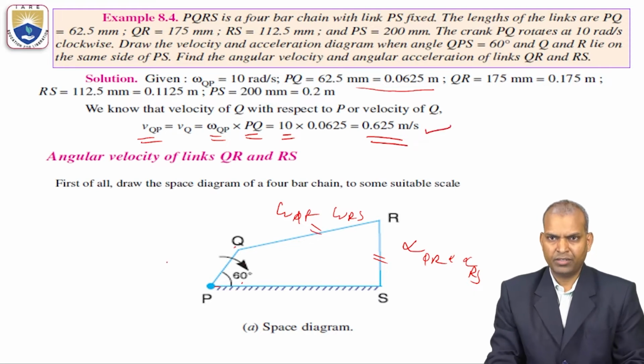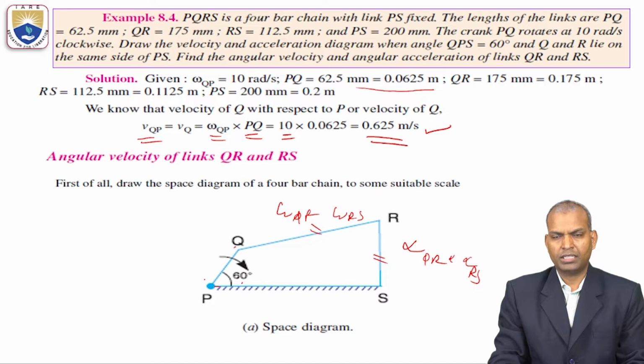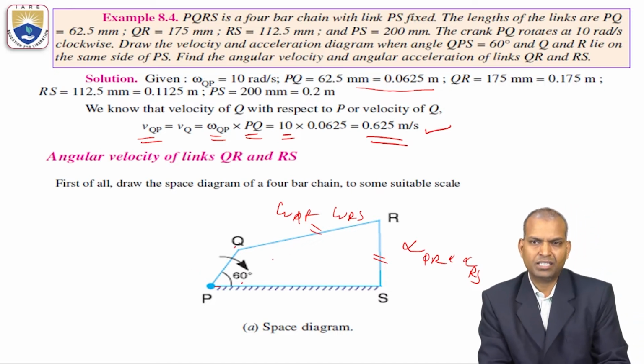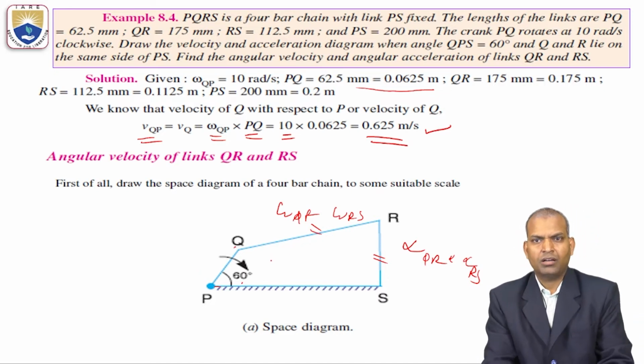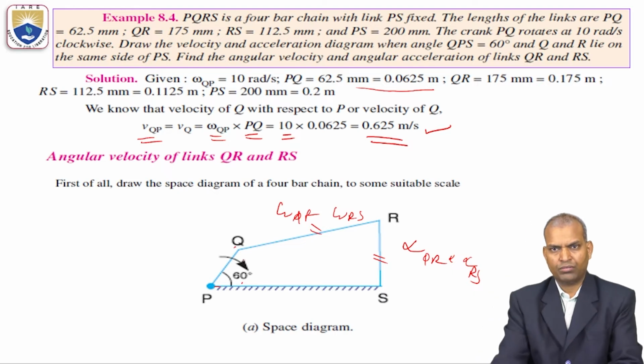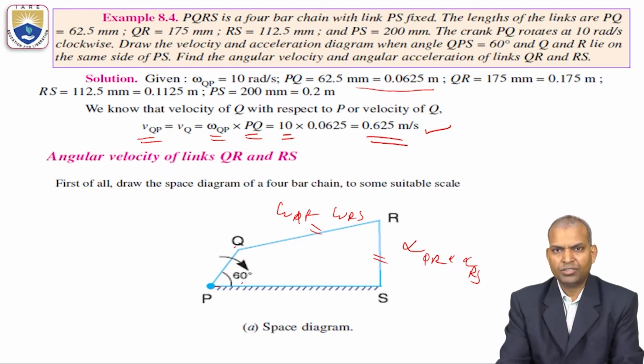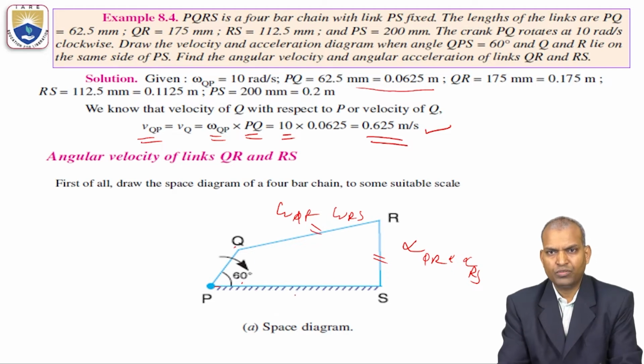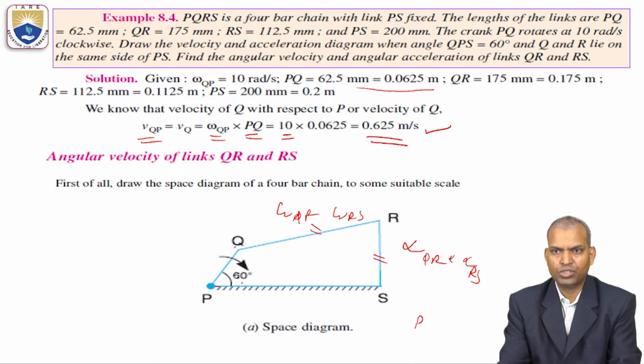We don't know the remaining values. We know the directions, but we don't know the magnitudes for the other links, that is QR and RS. But we know the magnitude and direction of the link PQ, and PS remains fixed. That means we keep the two points P and S at one pole.